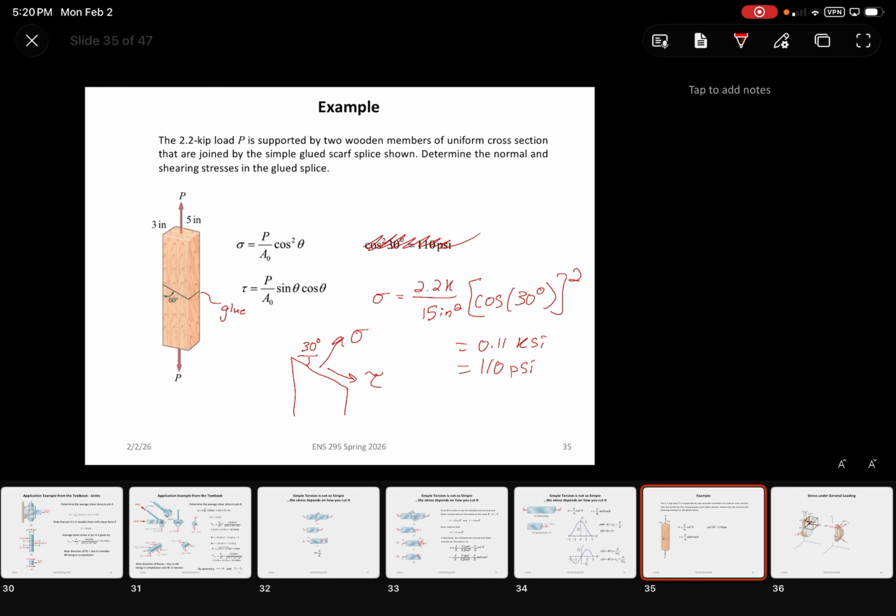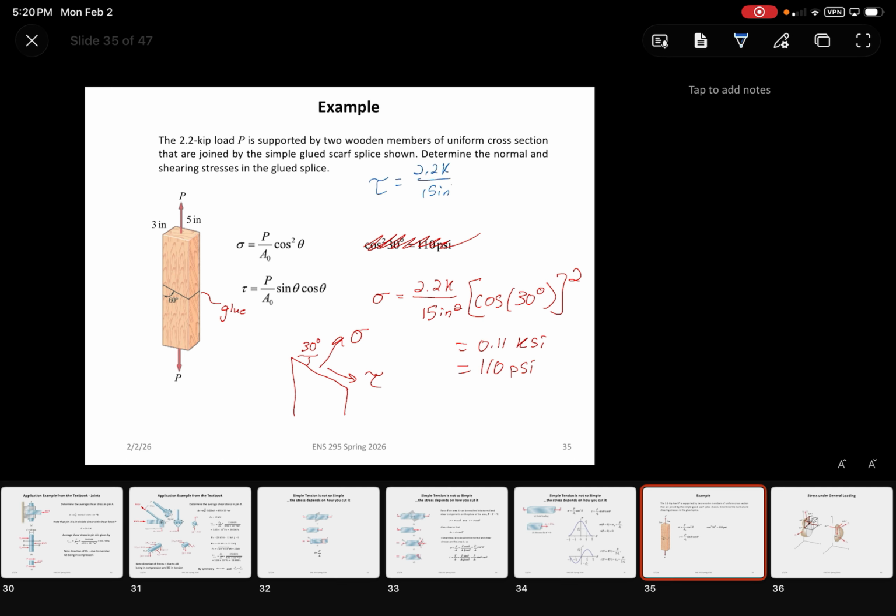Now, if we wanted to do the shear stress, it's 2.2 kips divided by 15 inches squared, sine of 30 degrees, cosine 30 degrees.